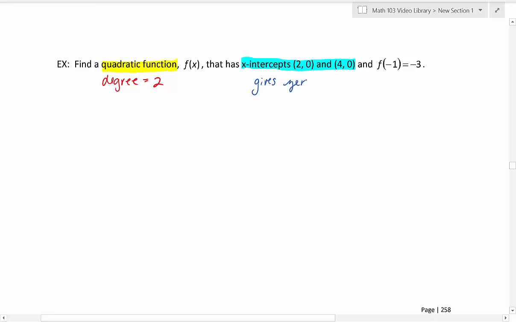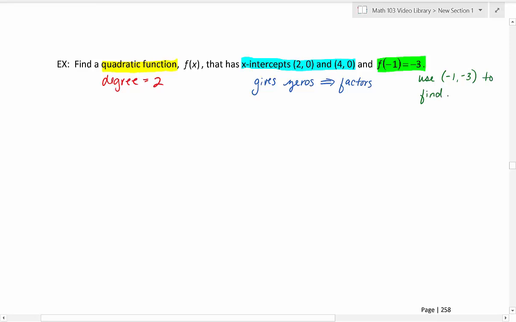It gives the zeros, and then from there, we'll get the factors. And then this last portion, f of negative 1 equals negative 3, we're going to use to find the leading coefficient. This is simply an ordered pair, (negative 1, negative 3).